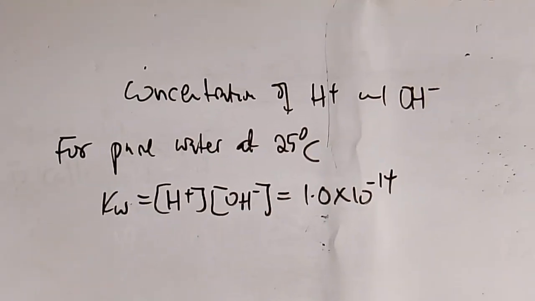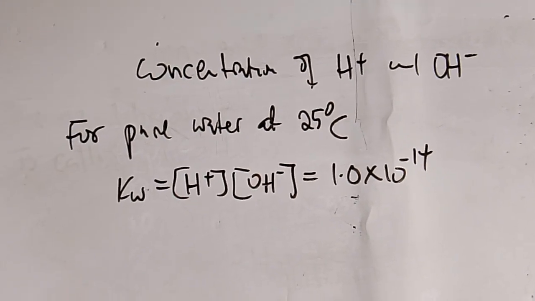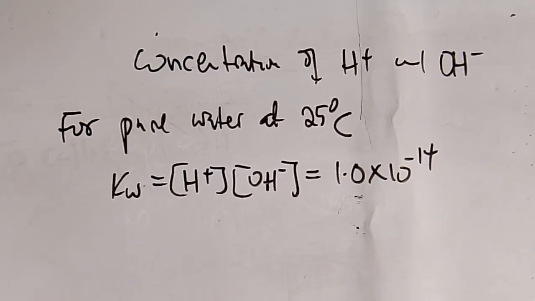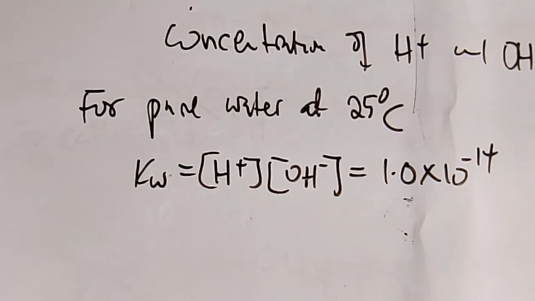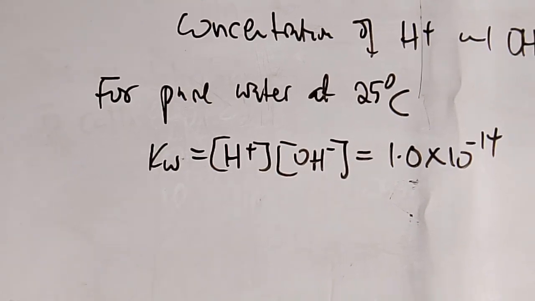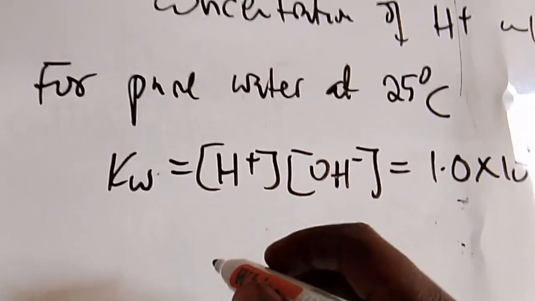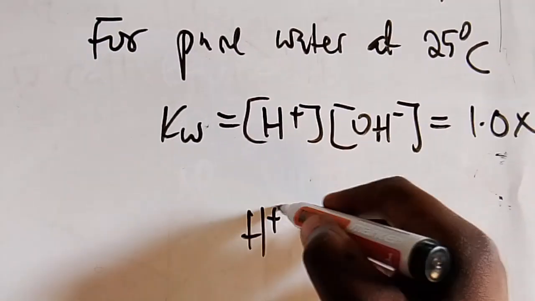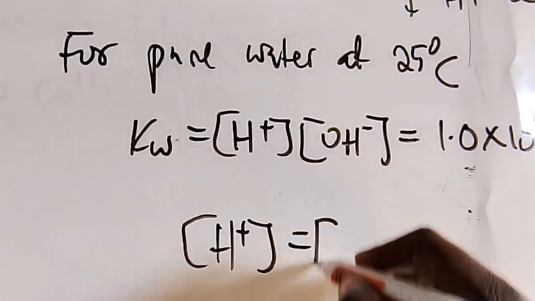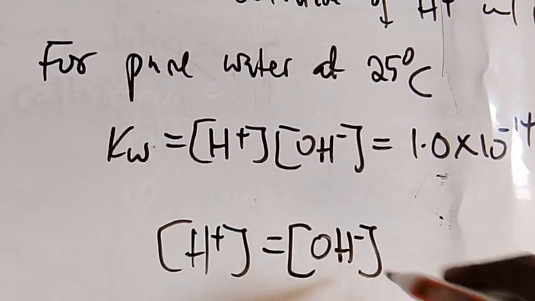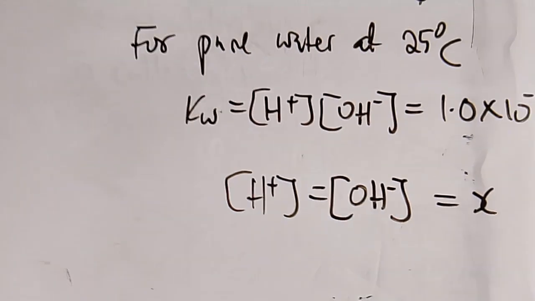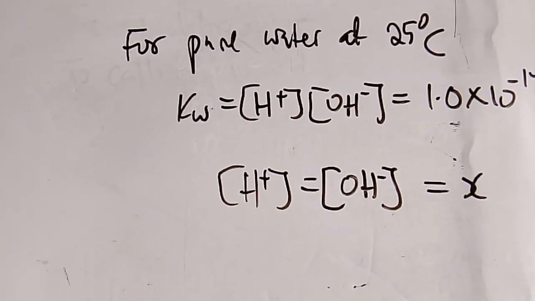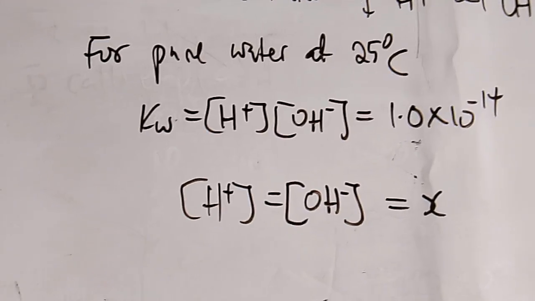Pure water has equal concentrations of both ions, so the concentration of hydrogen ion is equal to the concentration of hydroxide ion, which is equal to X.